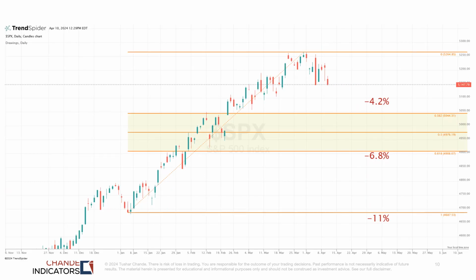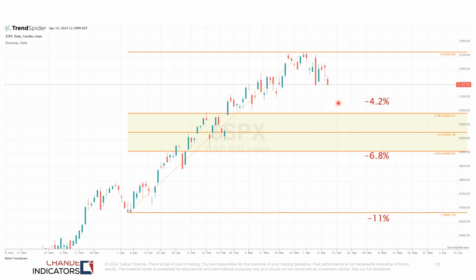Of course, I don't know exactly what the market is going to do. Clearly, if it makes a new high, the analysis will have to restart. I've used the normal Fibonacci pullback region of say 38% to 62%, and that would be a decline of say 4% to 7%, which is very typical during uptrends and would not radically change the uptrend.